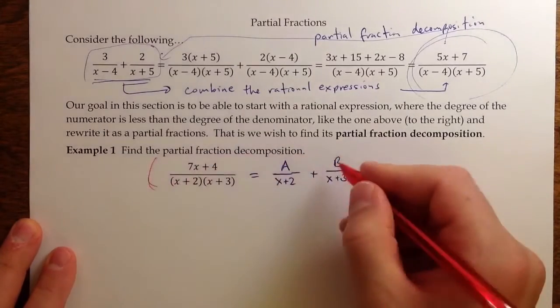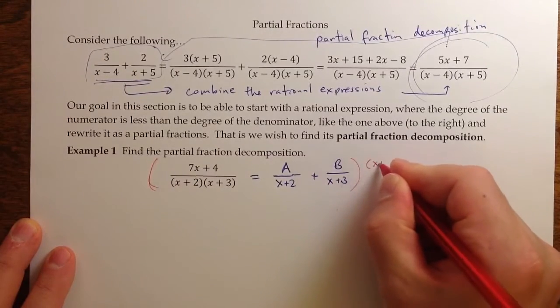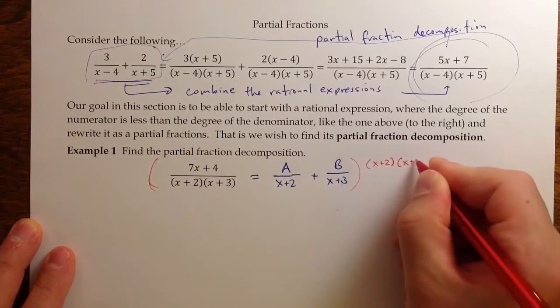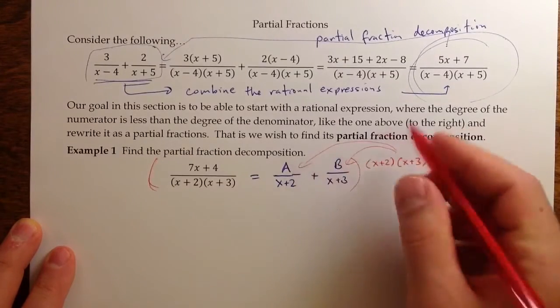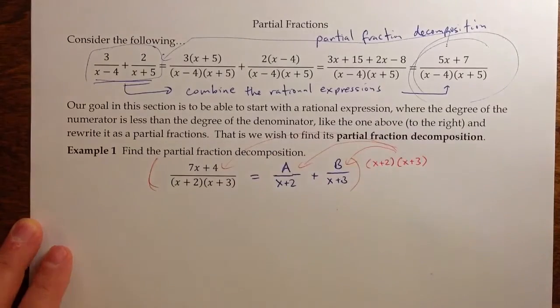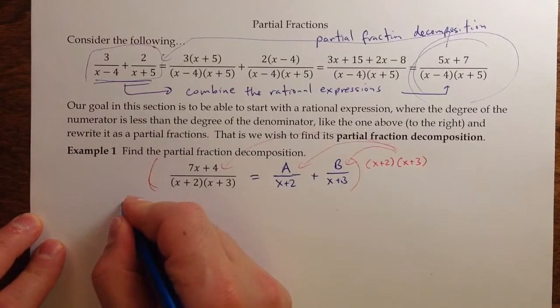And we can do that by multiplying all the numerators by the common denominator, x plus 2 times x plus 3. So I want to multiply each of the numerators by that common denominator expression. For this example, I'm going to write that all out.